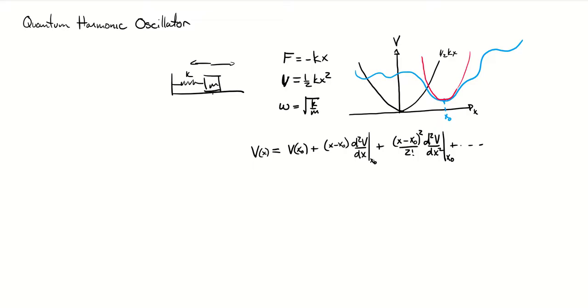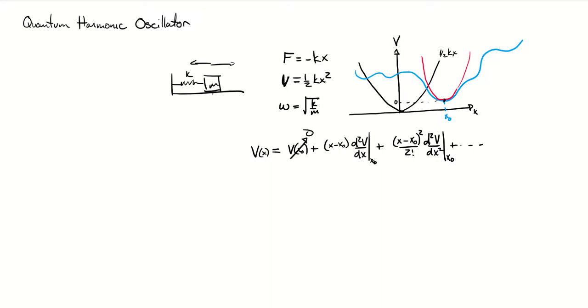And if we look at this equilibrium point, we see that this V of x naught is just some constant value, right? But with potential energies, we're free to choose what our 0 point is. So we can shift this whole approximation and say, all right, we're just going to call that 0 and set that first term to 0.